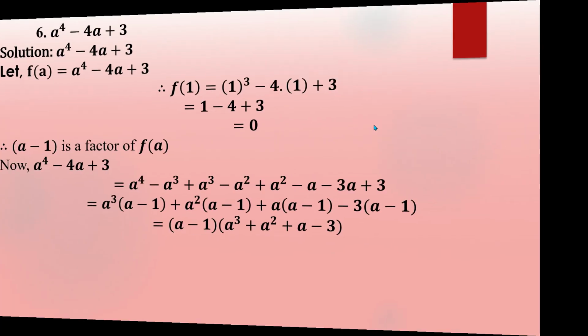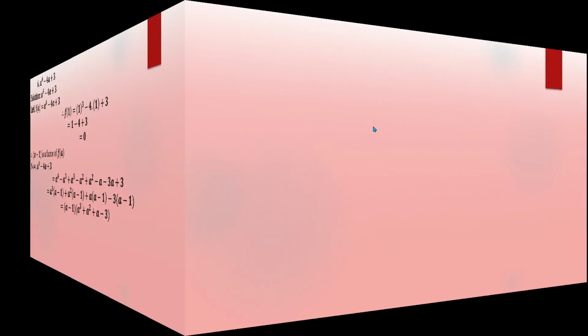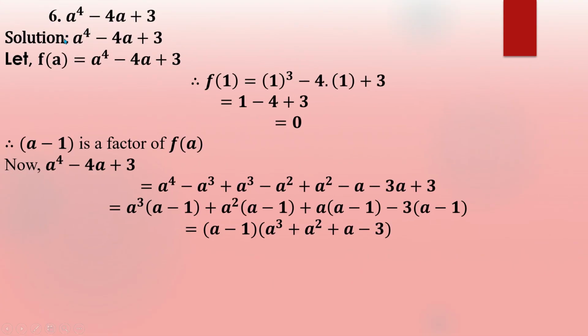Now follow another math. Here given a to the power 4 minus 4a plus 3. As the variable here is a, so we have to let f of a equal to a to the power 4 minus 4a plus 3.